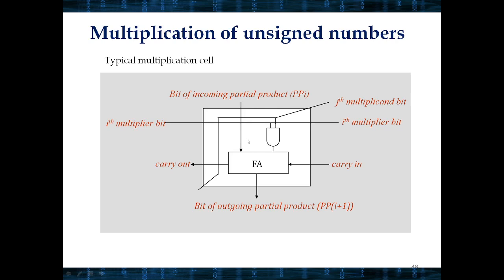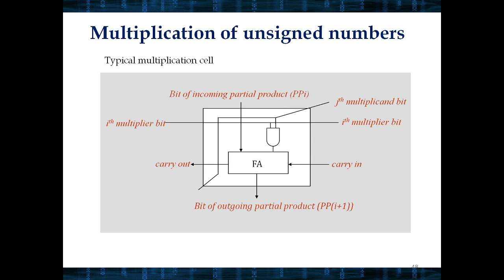If the qi value is 0, PPi, that is the partial product of that ith stage, is passed vertically downward unchanged, meaning all the bit values will be 0. So PP0 is all 0, so the partial product becomes all 0, and PP4 is the desired product.